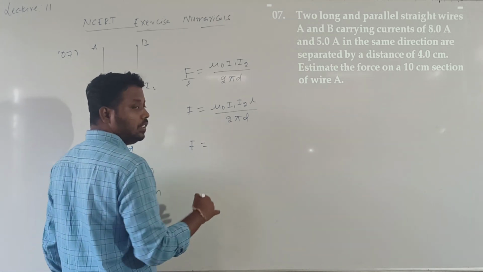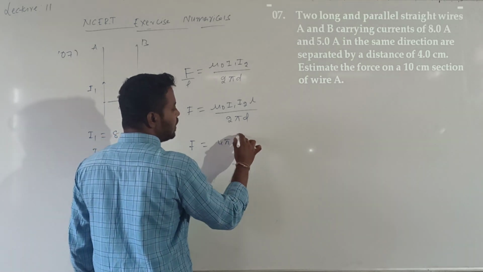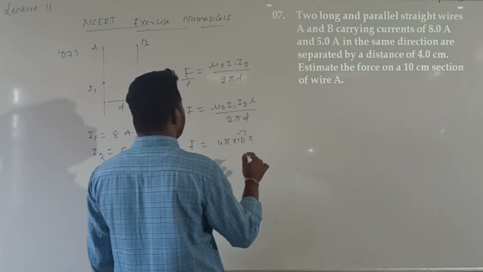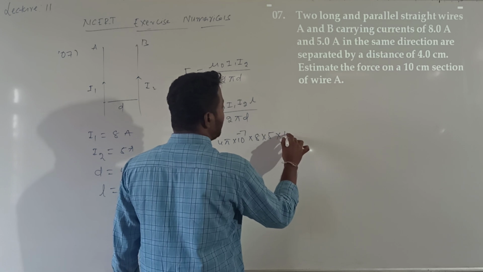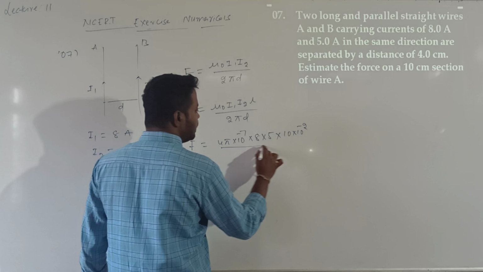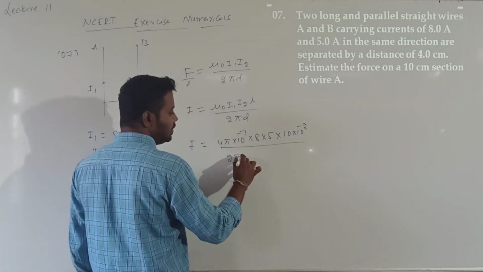Now can I substitute the mu naught value, 4 pi into 10 to the power of minus 7. I1 value is equal to 8, I2 value is equal to 5, into length value 10 into 10 power minus 2, divided by 2 pi as it is.